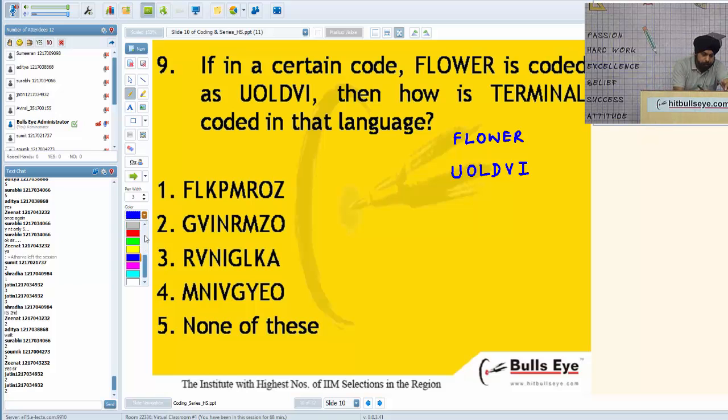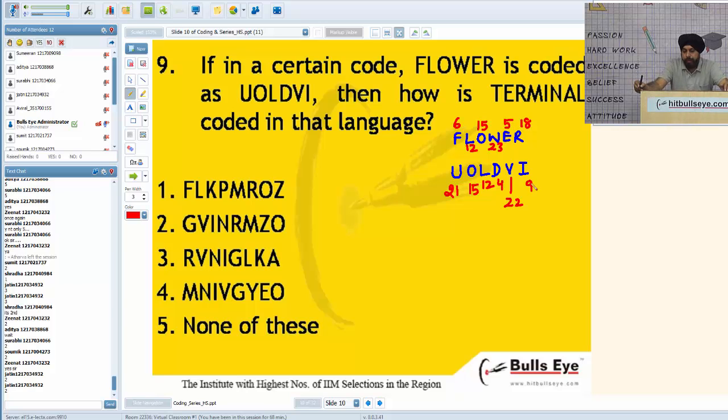Now see the positions of the alphabets. If you talk, F appears at position number 6, U at 21, L is 12, O is 15, O is 15, L is 12, W is 23, D is 4, E is 5, V is 22, R is 18 and I is 9.